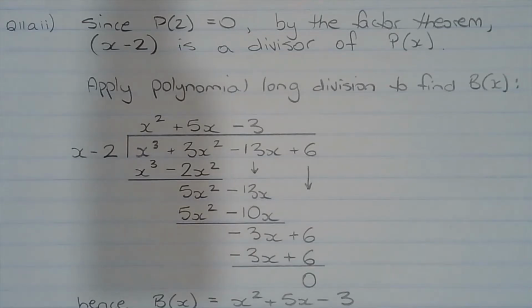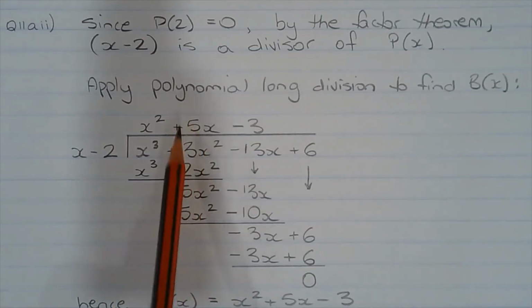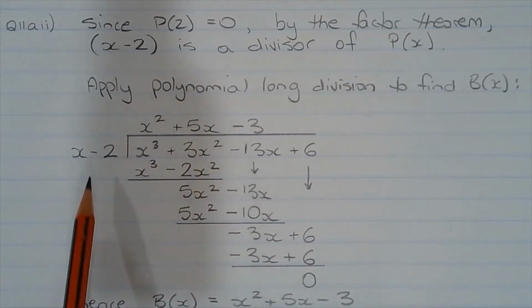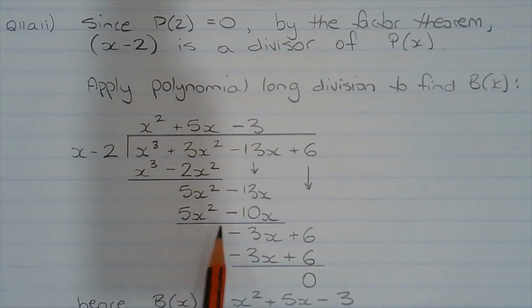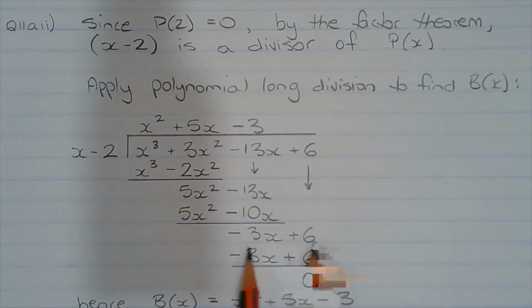And we repeat the process again. x into 5x squared goes 5x times. 5x multiplied by x minus 2 is 5x squared minus 10x. And subtracting these two terms from these two terms, we get negative 3x, and then we write the plus 6 after the negative 3x, and repeat the process one more time. x into negative 3x goes negative 3 times.